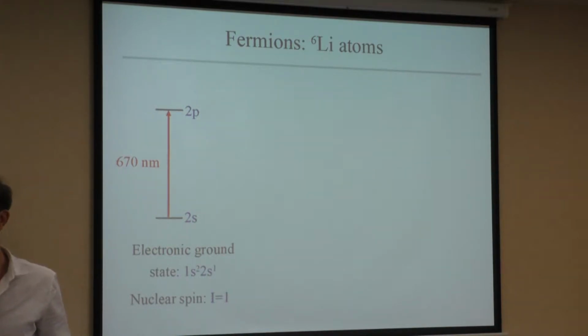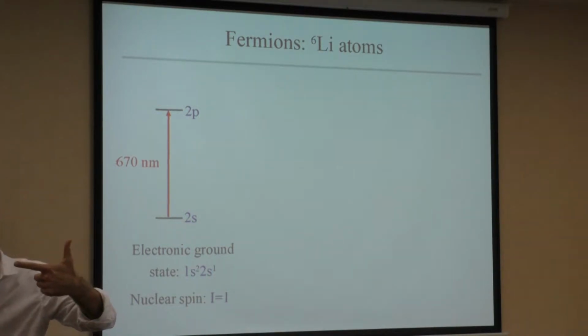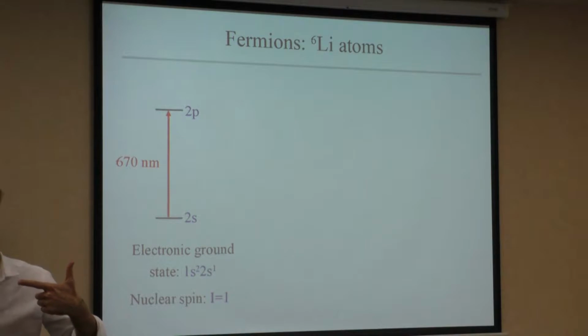In ultra-cold atoms research, you can study fermions and you can study bosons. There is a very large choice of bosons. All alkali metals have bosonic isotopes, but fermions are very rare. Among alkali atoms, only lithium has a fermionic isotope, and potassium has a fermionic isotope.